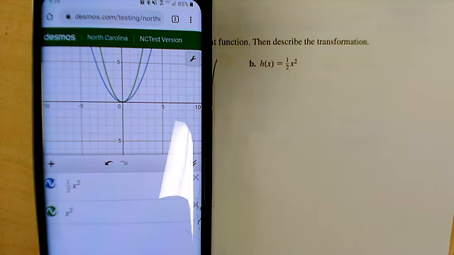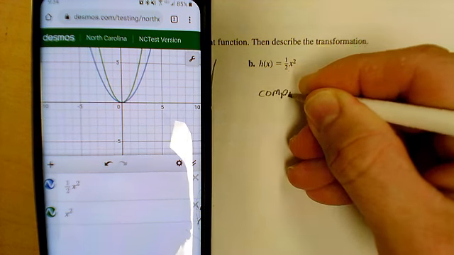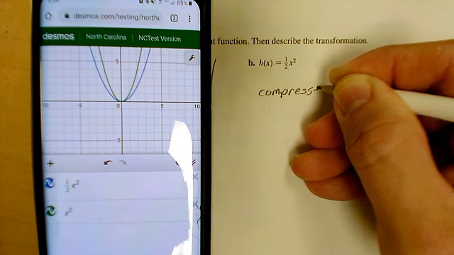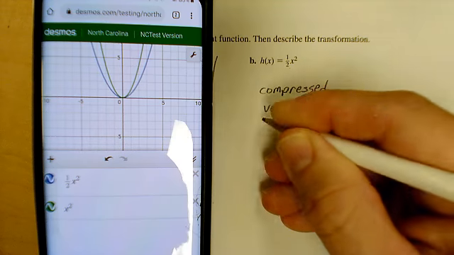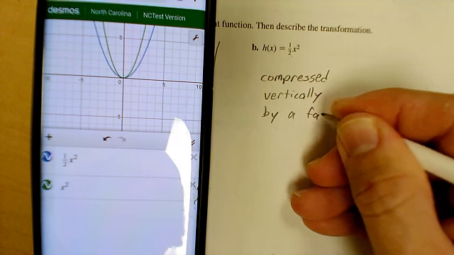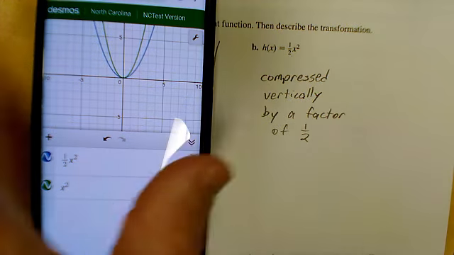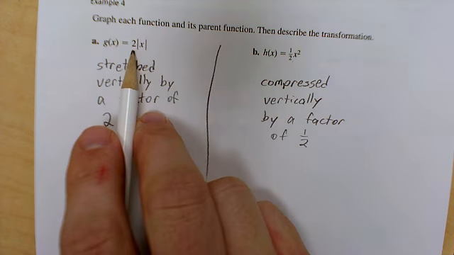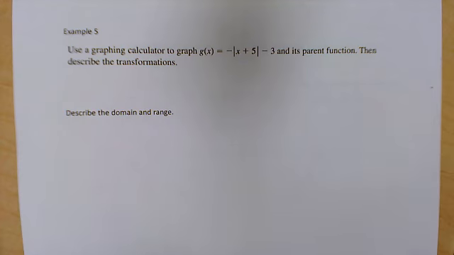If it's greater than 1, it's been stretched. So it's going to be compressed vertically by a factor of 1/2. But it's important to know when it's greater than 1, it's stretched. When it's less than 1, it's compressed.